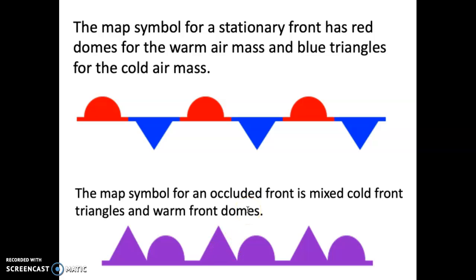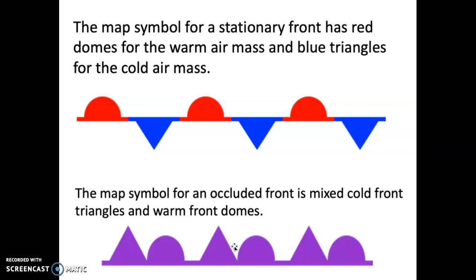The stationary front is indicated on a map by the red warm semicircles and the blue cold triangles, and they go in opposite directions. Now, purple is what we call an occluded front. An occluded front will usually form around a low pressure system.